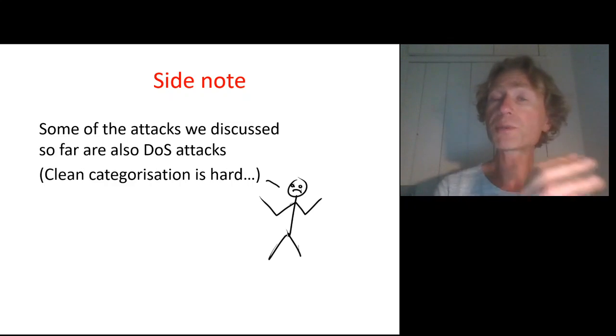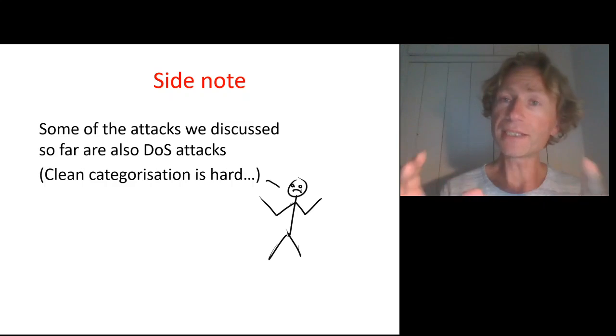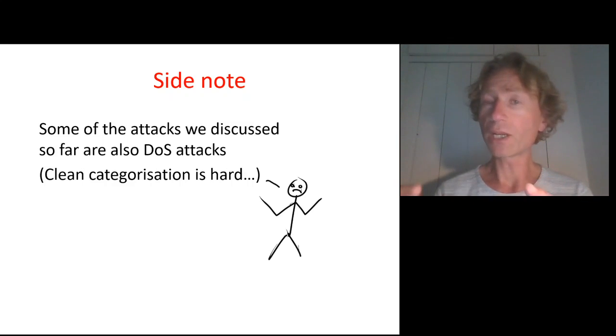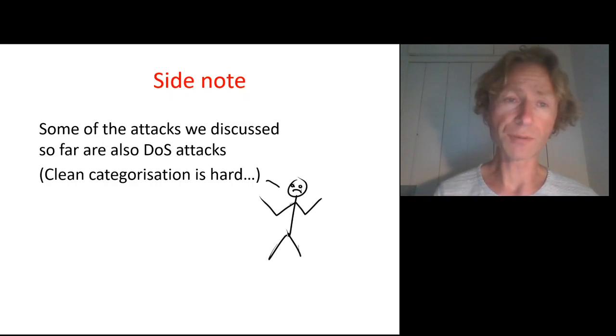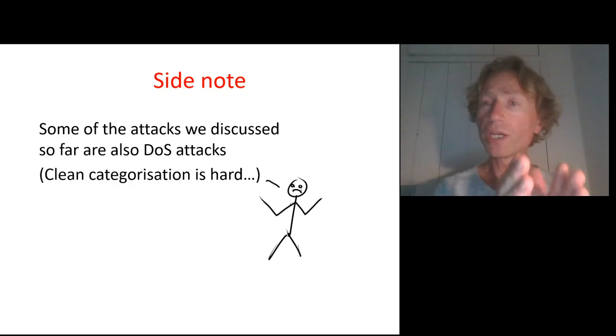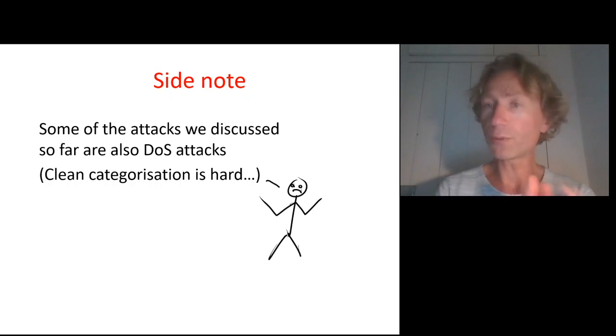The ARP spoofing attack, where we send all of the traffic in a local area network to a non-existent MAC address, is a denial of service attack, and so on. So sometimes it's hard to create clear boundaries between different types of attacks.